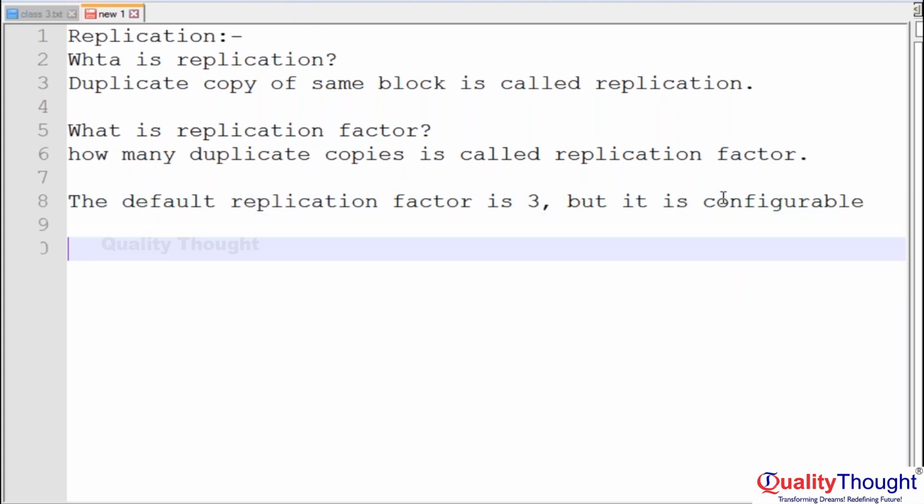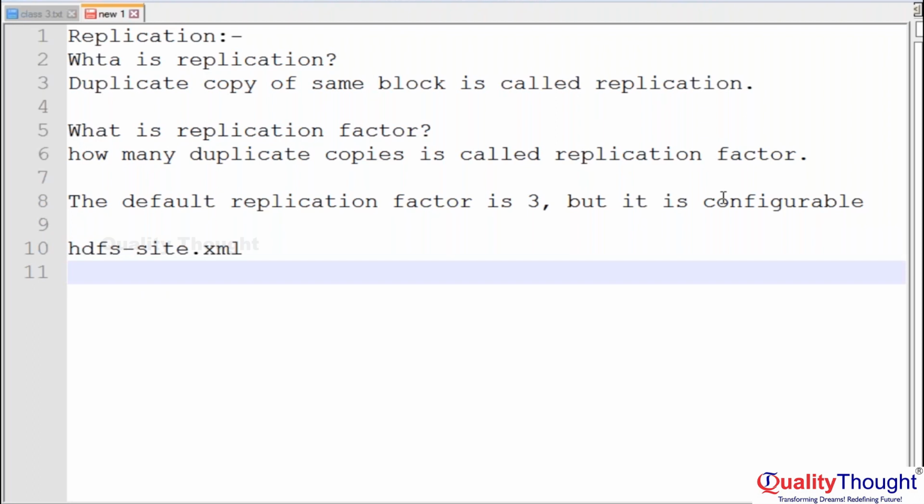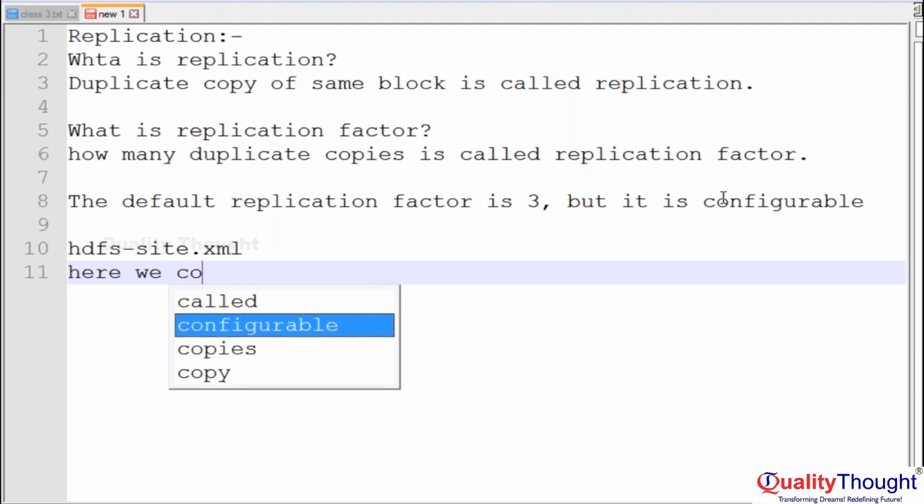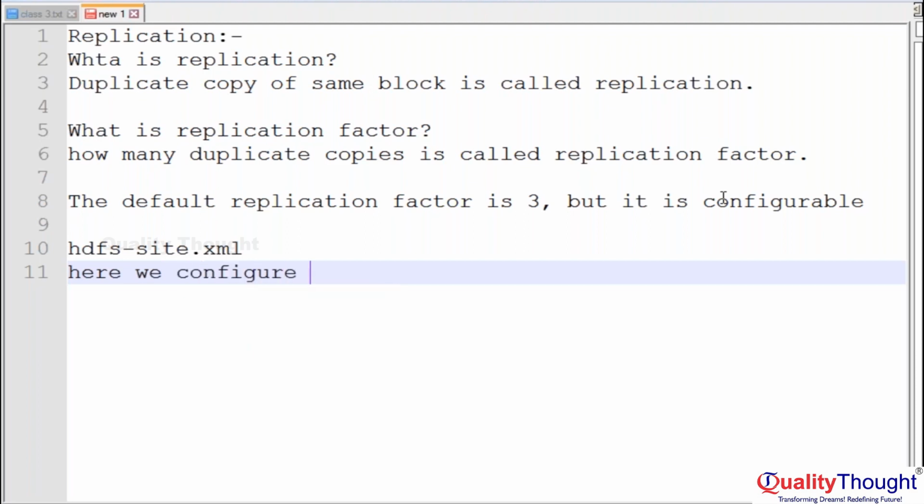There is a file called hdfs-site.xml. Here we configure the replication factor.